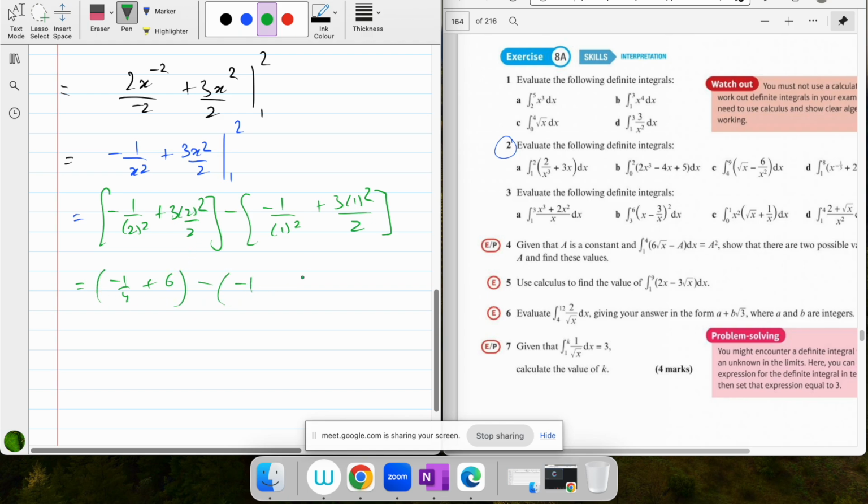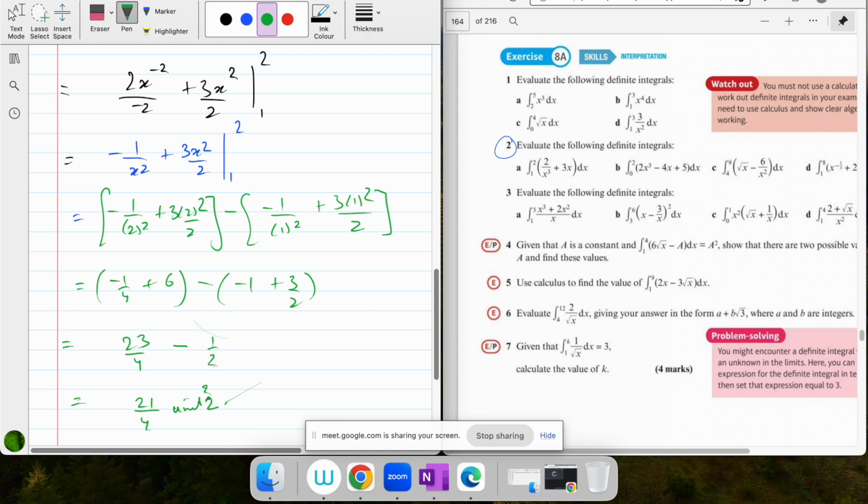Minus 1 plus 3 by 2. So 6 minus 1 by 4 is 23 by 4, minus 3 by 2 minus 1 is 1 by 2, and this is 21 by 4 unit square.